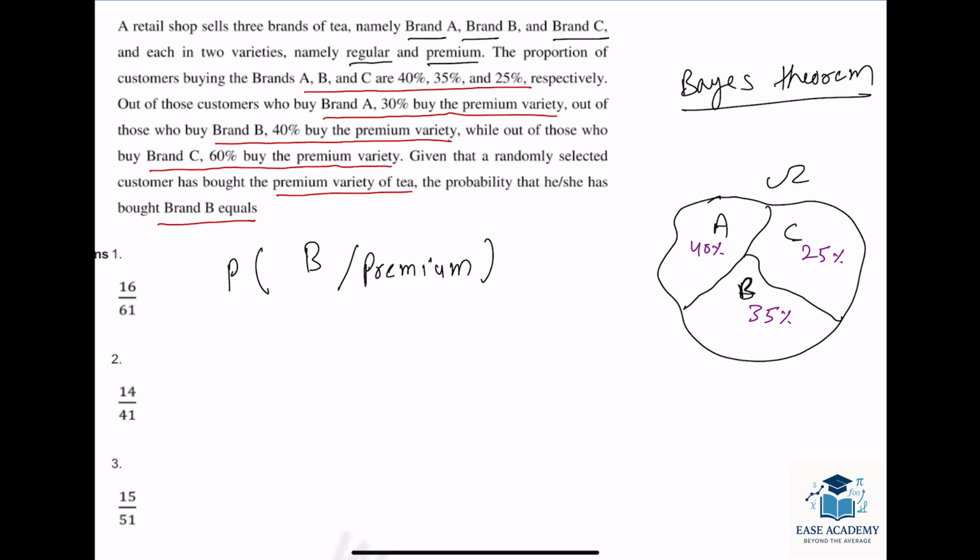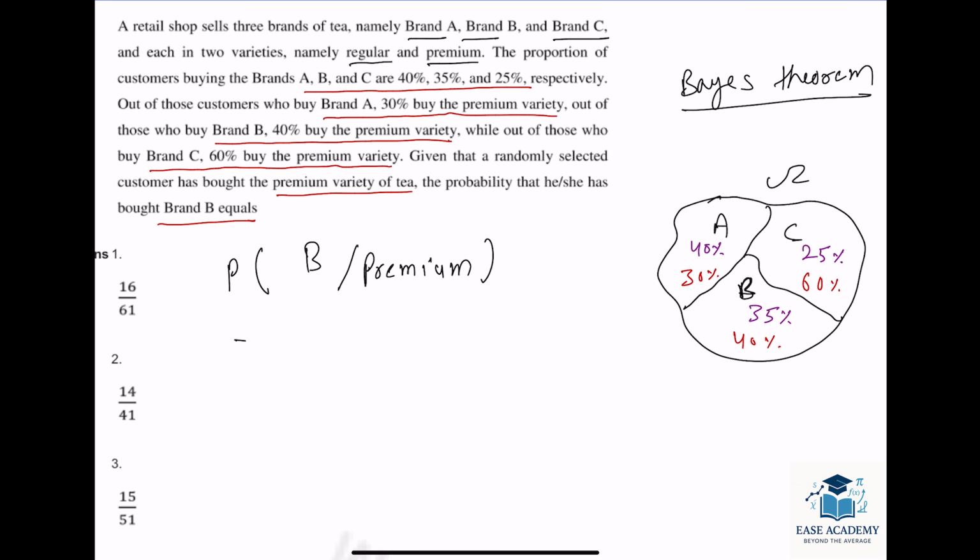Brand B is given to be 40% premium customers. Red color is the customers who bought the premium variety of the tea. Brand A is 30% premium customers and 60% of C variety. So this is the information we are given.